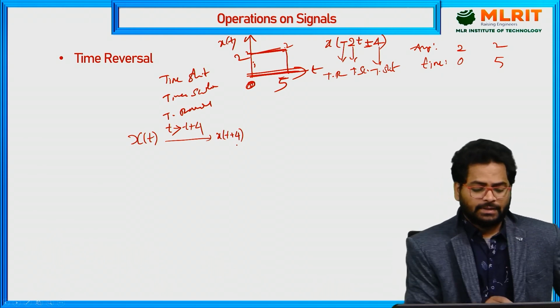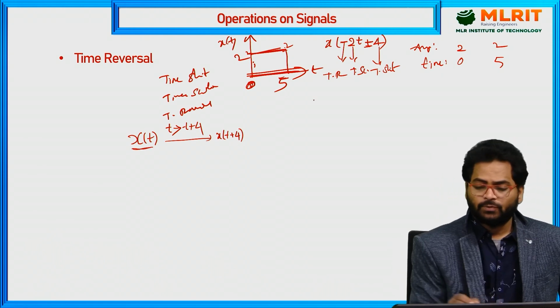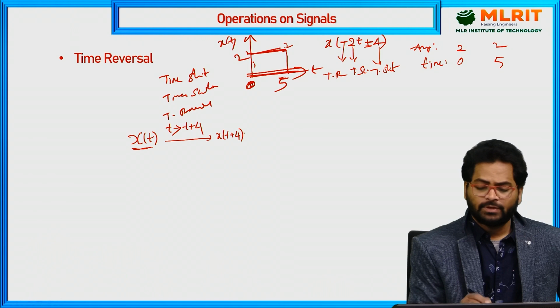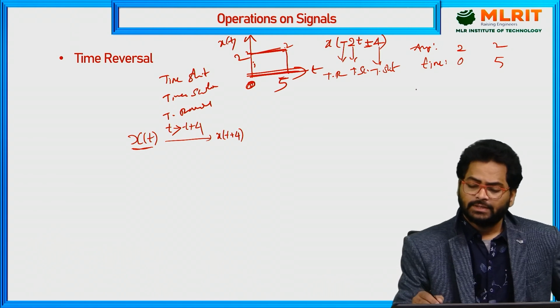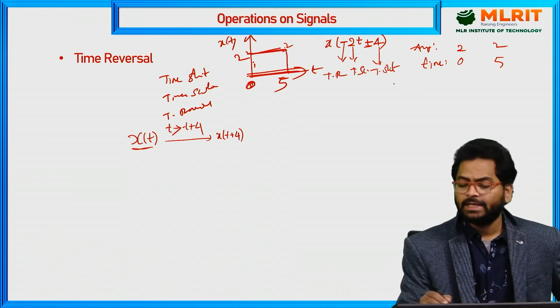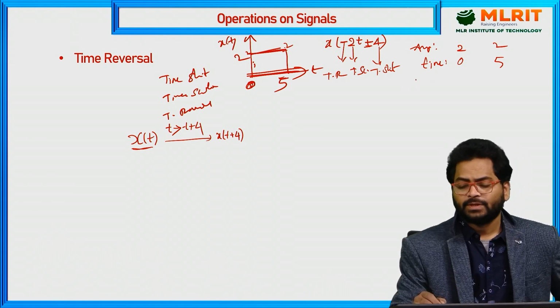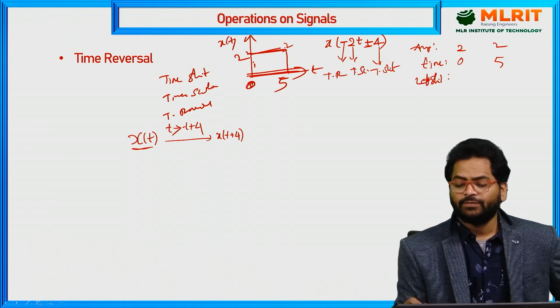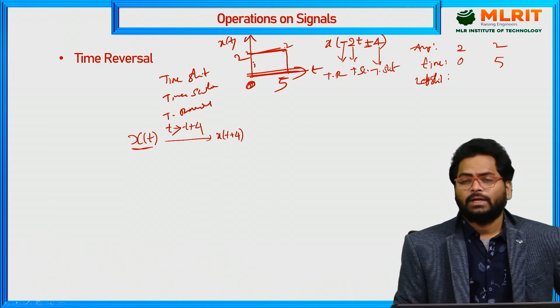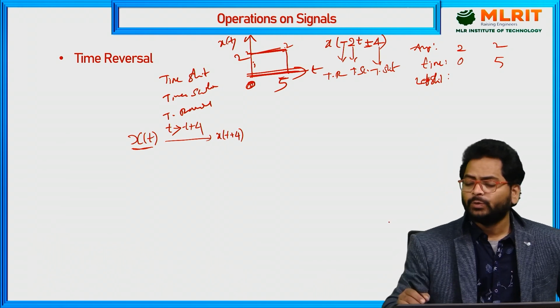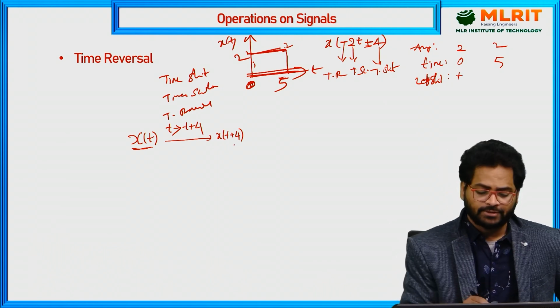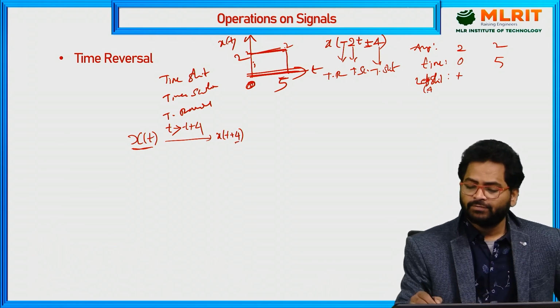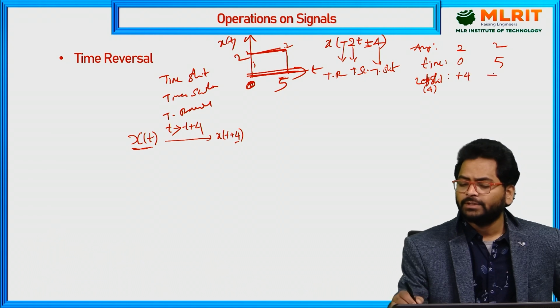Since it is plus, we take it as a left shift, a delayed version. We need to add plus 4, left shift by 4 units, to the time axis only, not to the amplitudes.